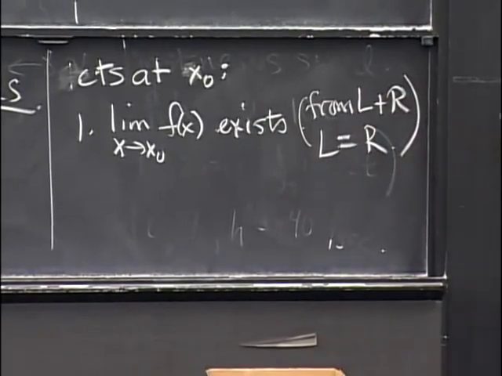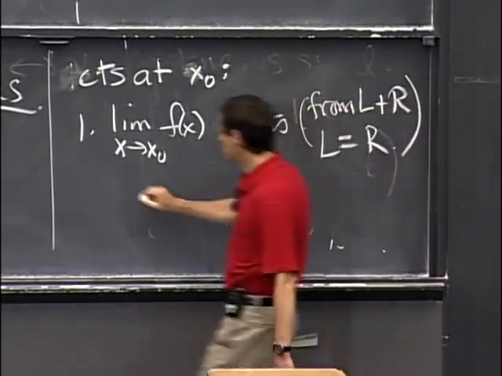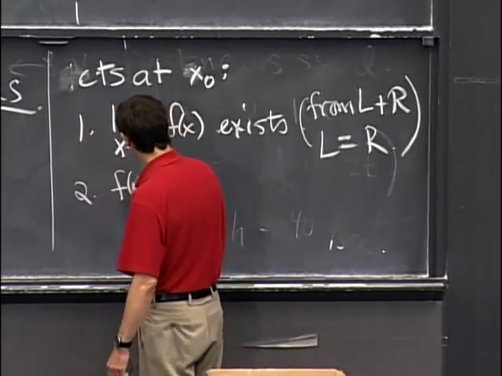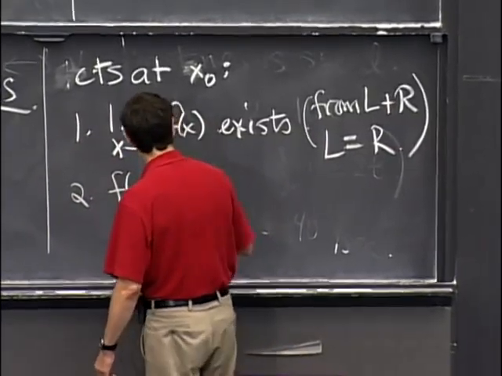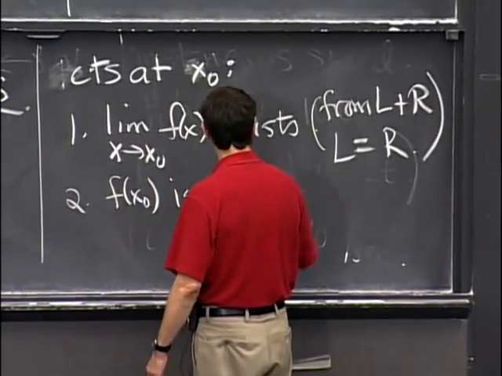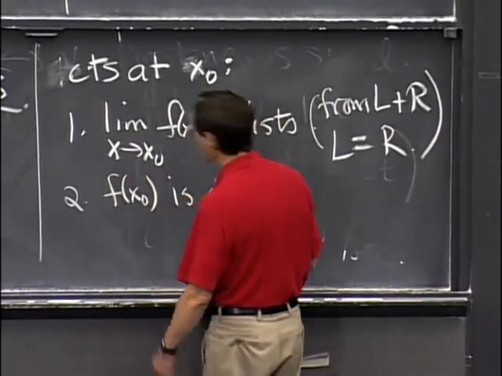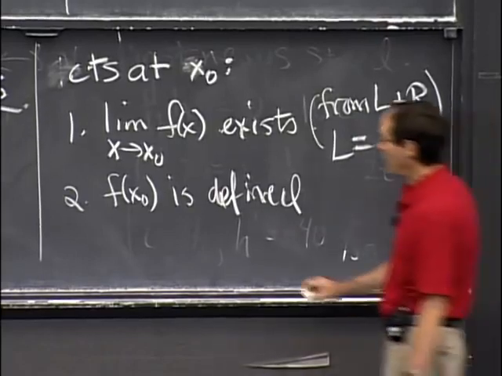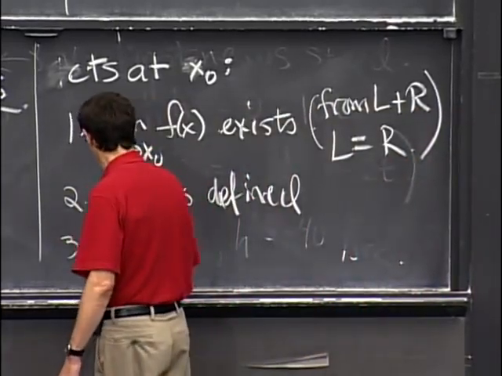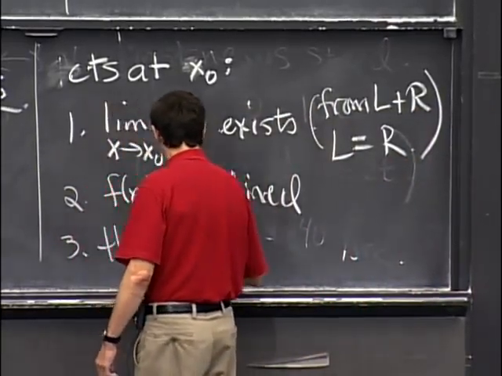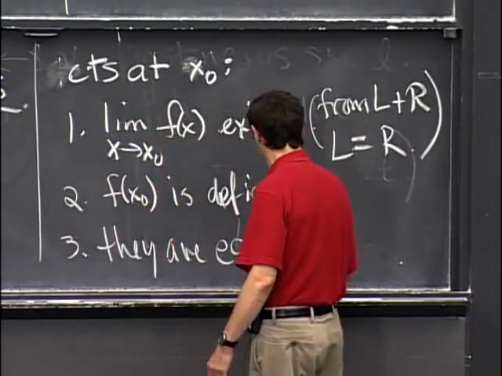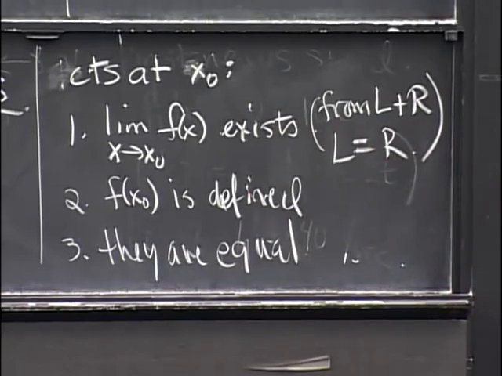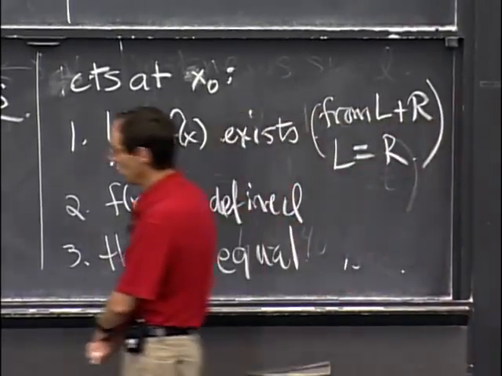All right, so that's what's going on here. And the second property is that f of x0 is defined. So I can't be in one of these situations where I haven't even specified what f of x0 is, and they're equal. Okay? So that's the situation.